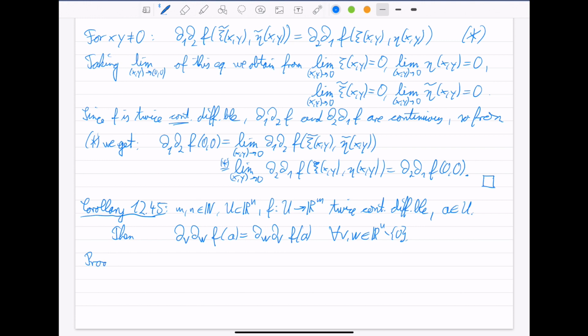The proof of this I'm going to skip. I'm just writing, use basically the description of directional derivatives in terms of partial derivatives, so corollary 1217, and Schwarz's theorem that we've just seen about the partial derivatives. And then you get the proof, and the whole proof is contained in the lecture notes.